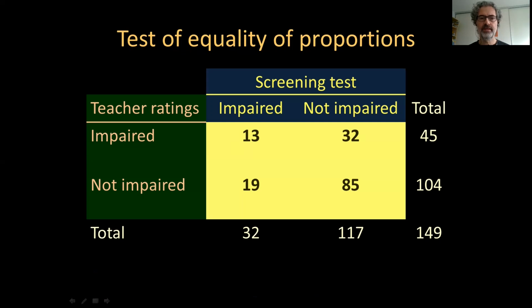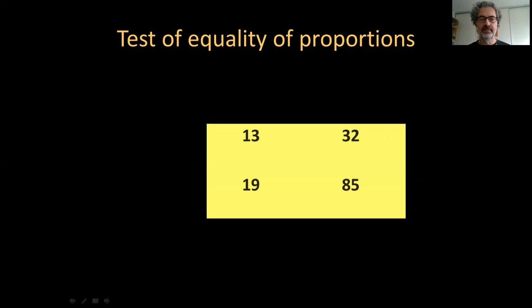We can formulate this problem as a question of equality of proportions. What does this mean? Look at the proportion of children classified by the teacher checklist as impaired versus not impaired in each case.